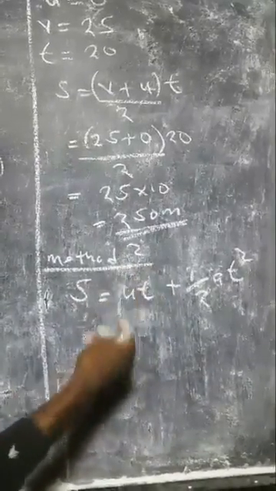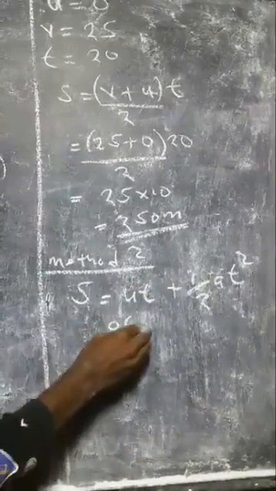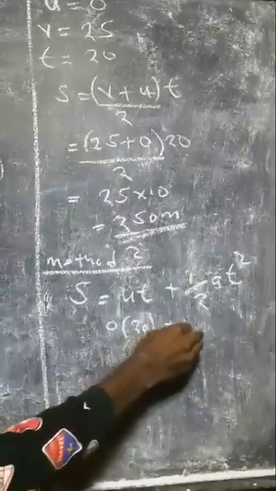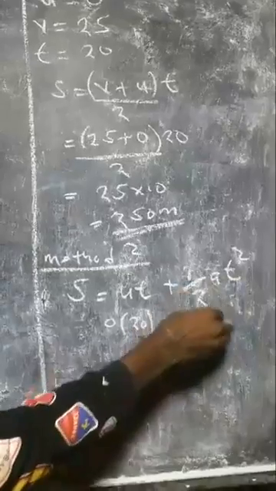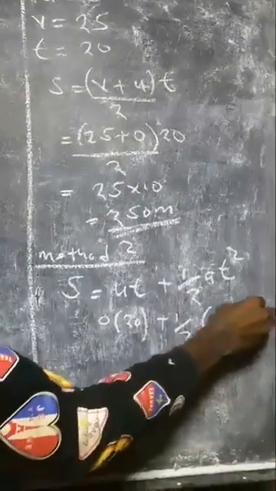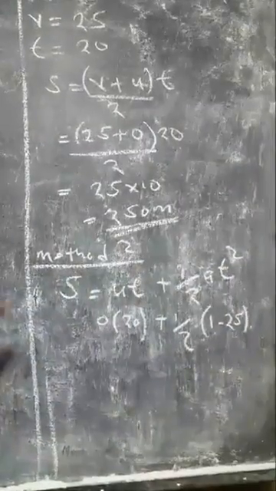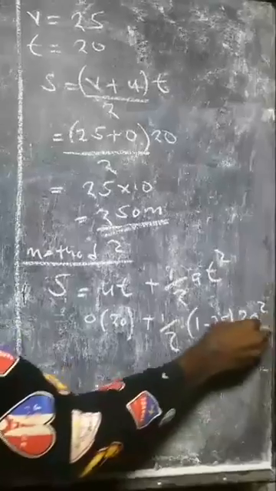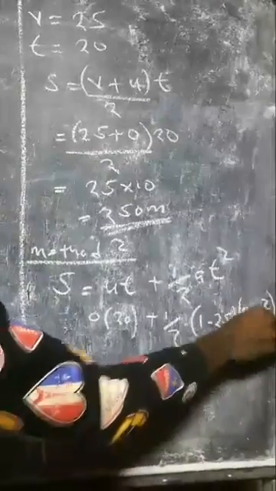So 0 by 20, of course, plus half, acceleration is 1.25, by, of course, time is 20 squared.